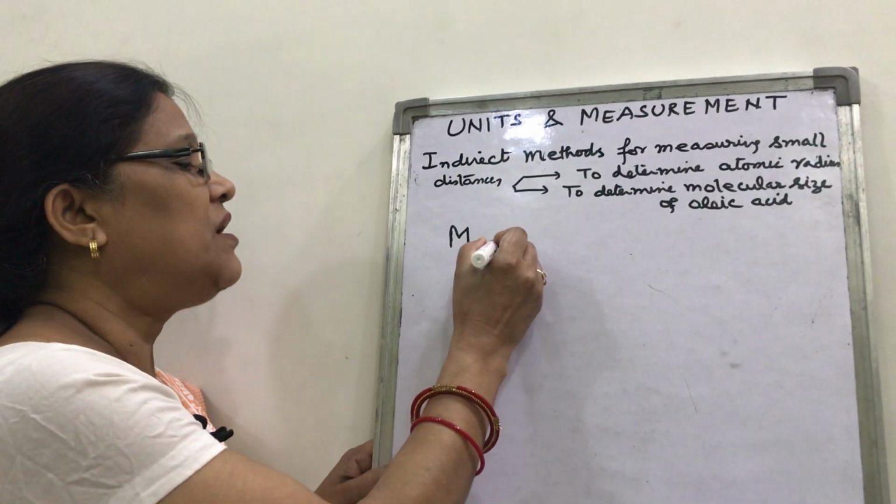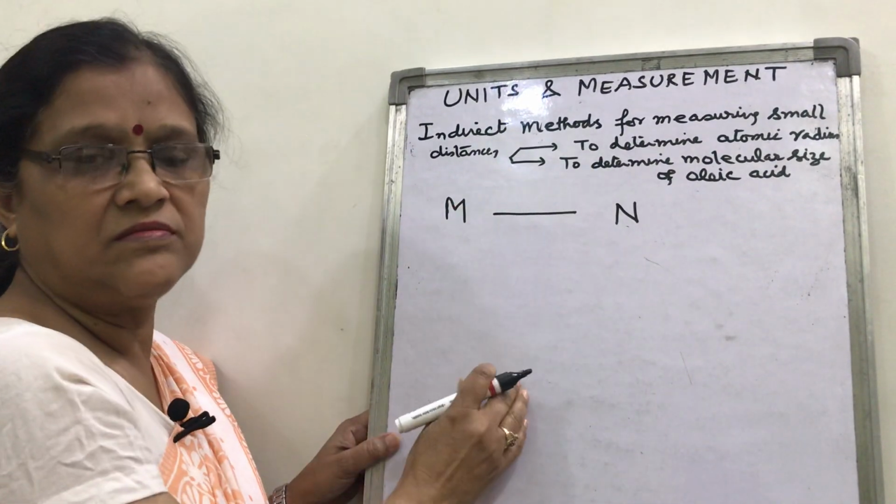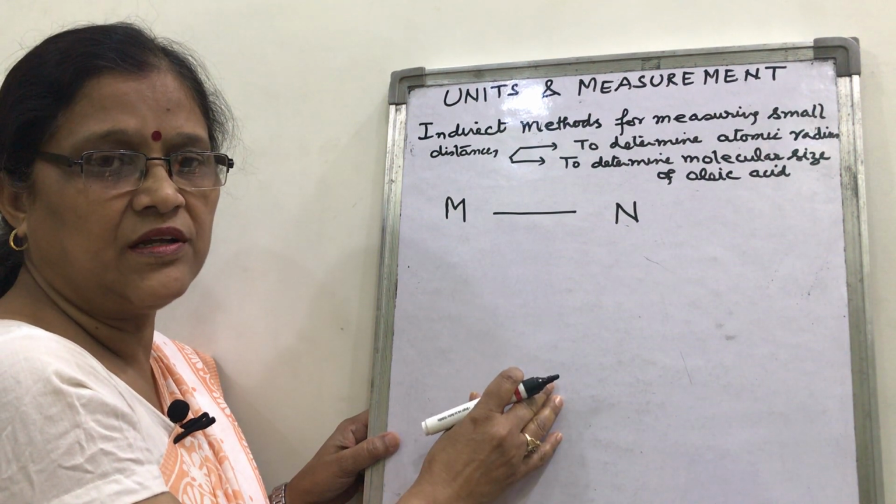So if m gram of a substance has n number of entities, you know what is n? 6.02 into 10 to the power 23.